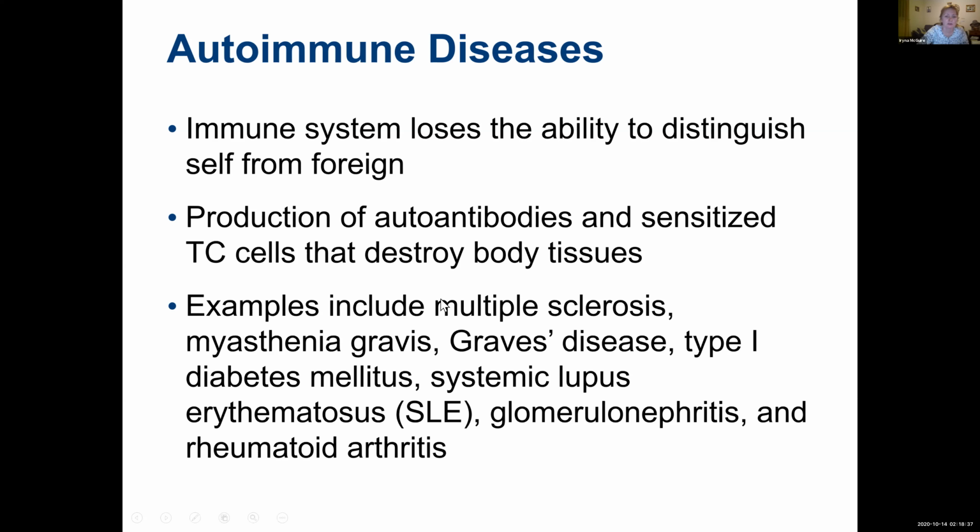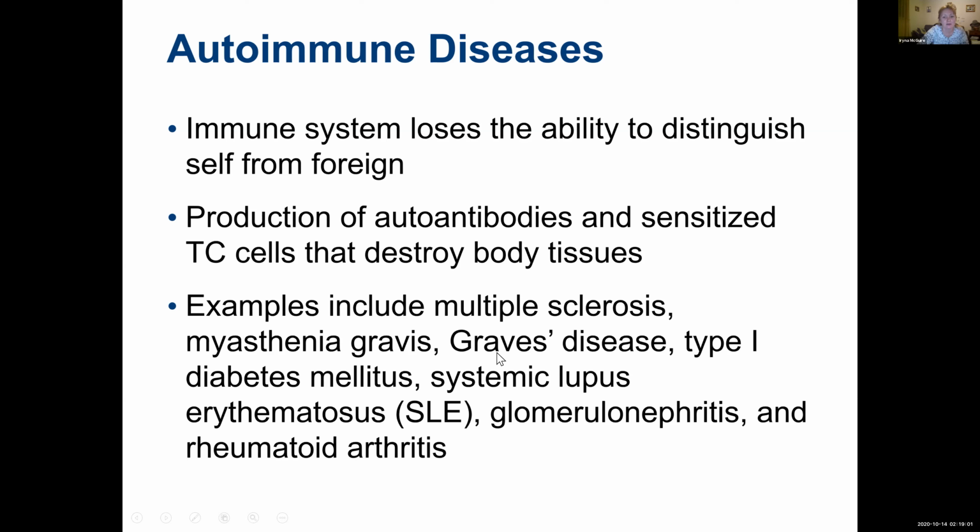Examples include lots of diseases like multiple sclerosis, myasthenia gravis, Graves' disease, type 1 diabetes mellitus, systemic lupus erythematosus, glomerulonephritis, rheumatoid arthritis. It can affect your nervous system, your muscles.